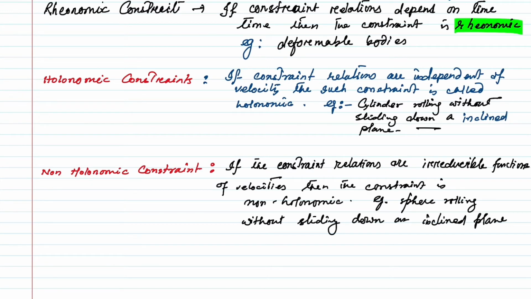So now you see, in these two cases, in the first case, in holonomic constraint, the constraint relations are independent of velocity, and here in this case they are irreducible functions of velocity, that means they depend on velocities.